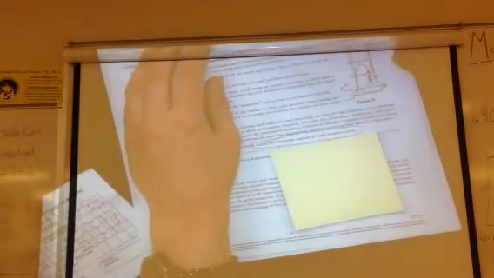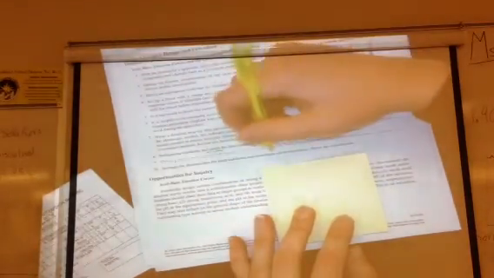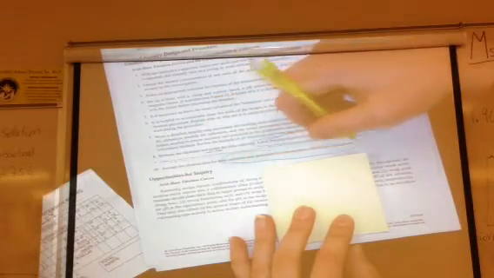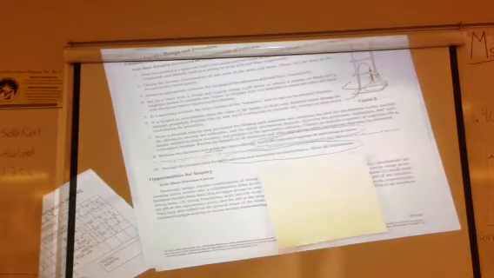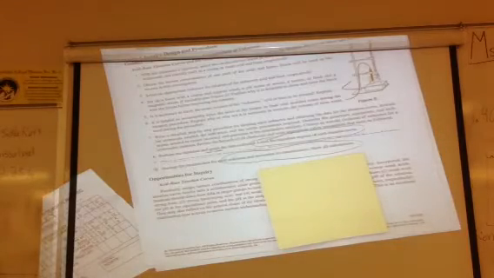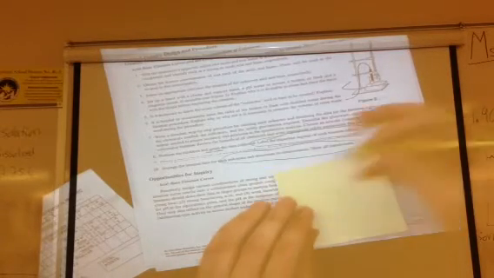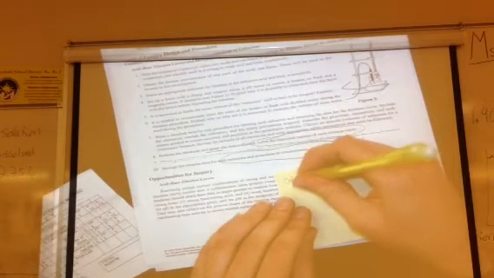So the calculations is for this right here. We are trying to determine the unknown concentration of the acetic acid that we titrated. So those are the calculations.